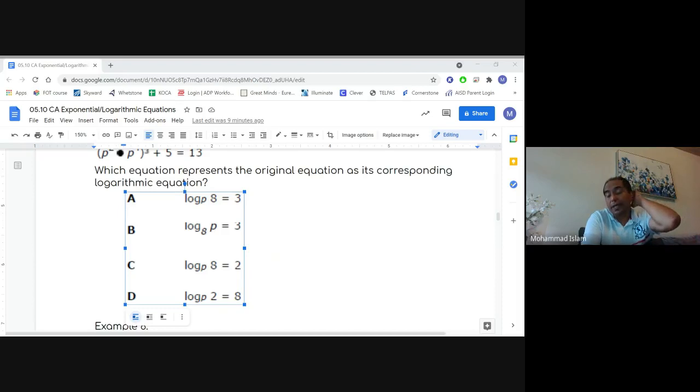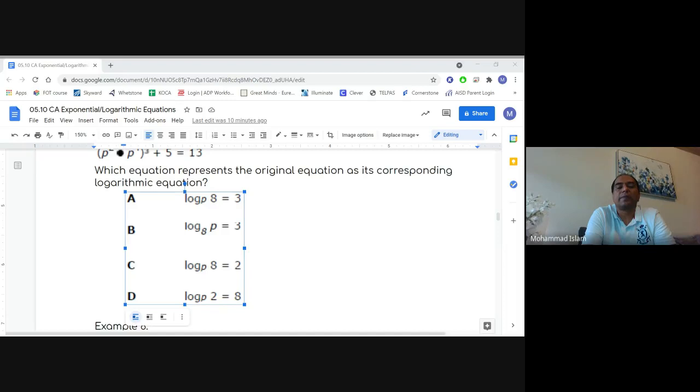When they're multiplying, what happens to the exponents? Yes, I see your response, Valeria. The powers add. Very good. So you will have p power 6.